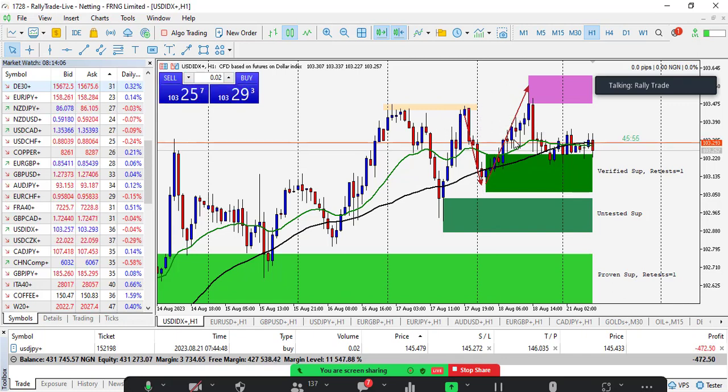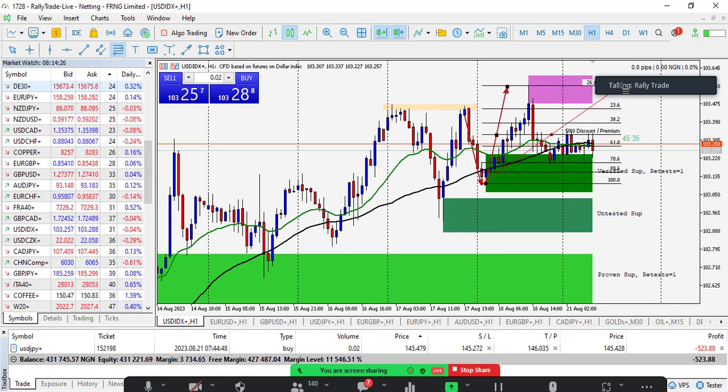So, guys, USD index is still on an upward trend, right? So we can see that after this market took out this high, let's see what happened next. If we draw Fibonacci from the low here to the high, you can see that the market has successfully traded below our discount, right?